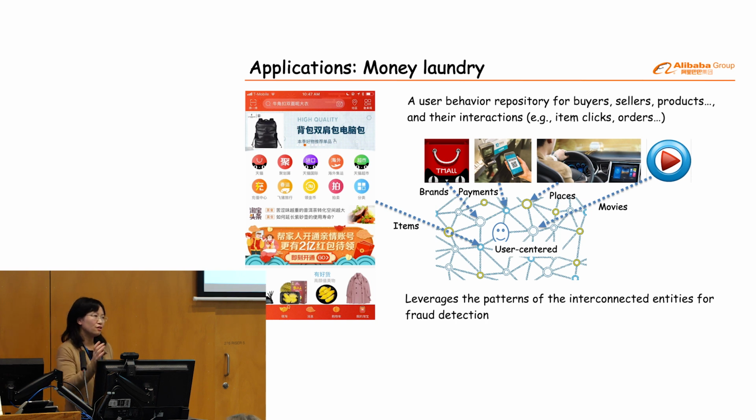In this network, if we can identify some irregular patterns, that will also be very helpful for the platform to detect fraudulent behaviors. For instance, if there is a transaction from one user that goes across several different accounts and then comes back to this user, it forms a cycle. And if it forms a cycle, what does it mean? The money from this user goes out and then goes back again to this account.